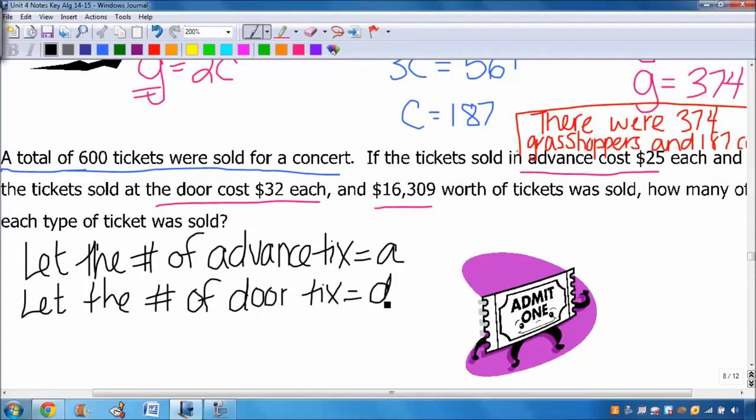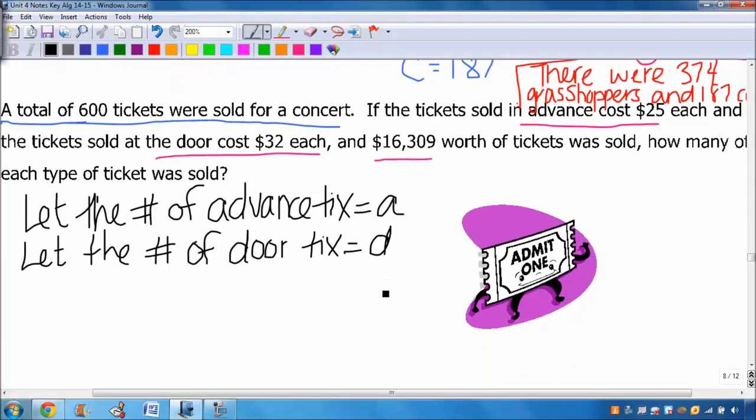So I'm going to call that D. All right. And then it says a total of 600 tickets were sold for a concert. So that means that the number of advance tickets and the number of door tickets add up to 600. So if I were to write that as an equation, I would say A plus D equals 600.